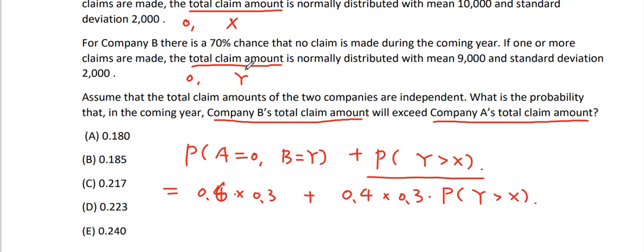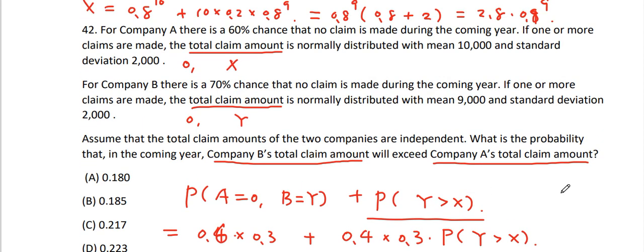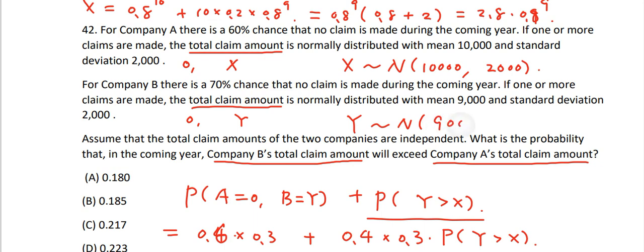So we say X follow this normal, mean is this, standard deviation is this, and Y follow this normal, mean is this, standard deviation also this.